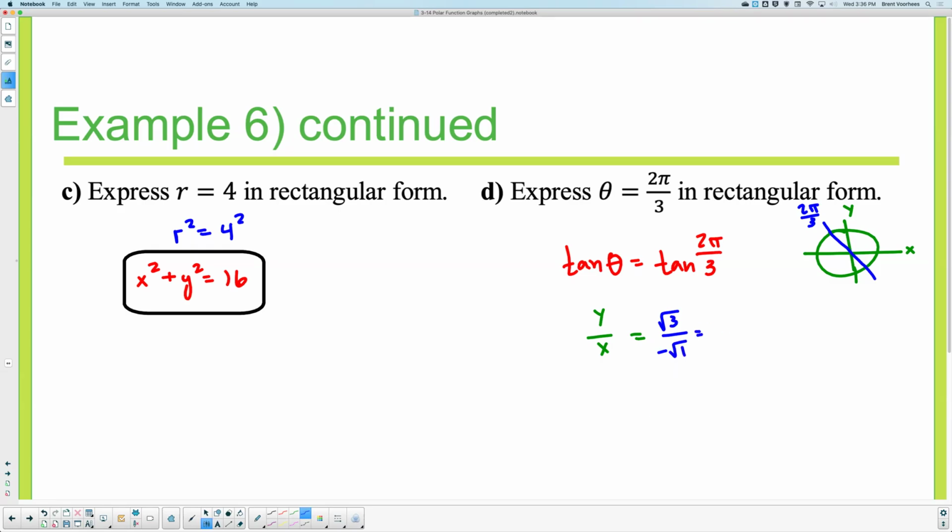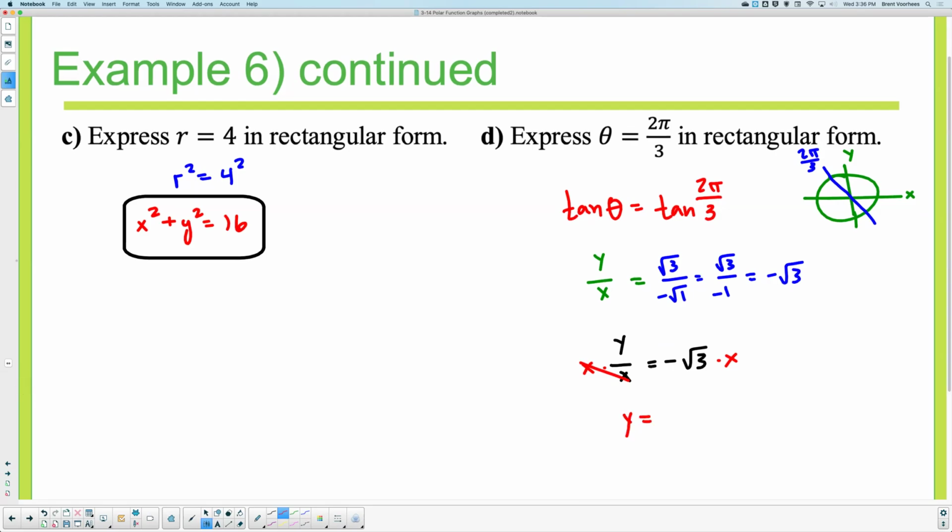That could simplify to be the square root of 3 over negative 1, which is equal to the negative square root of 3. If that's the case, to finish this off, y over x equals the negative square root of 3. All you have to do is multiply both sides by x, and you have your equation. And this will be that y equals negative square root of 3x.